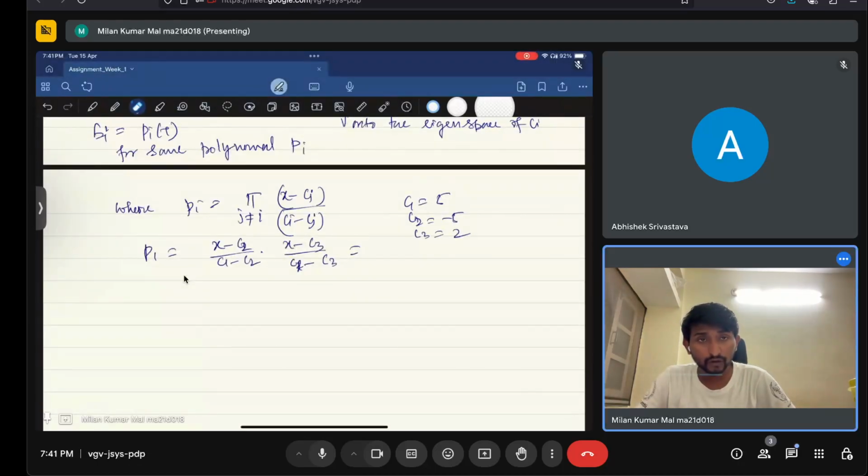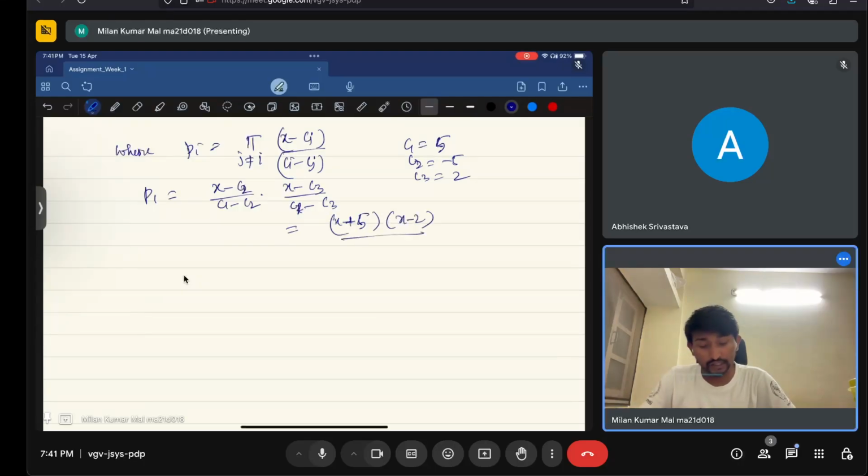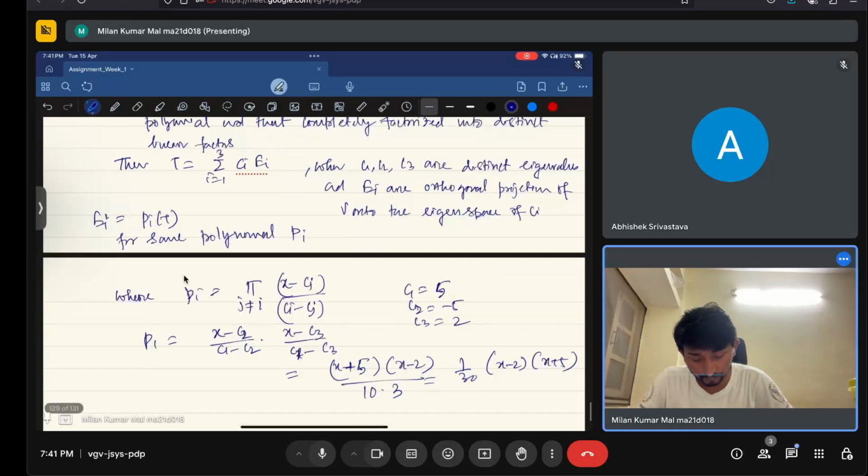So this equals x plus 5 into x minus 2 by C1 minus C2, that is 10, into C1 minus C3, that is 3, that equals 1 by 30 into x minus 2 into x plus 5. So we know what it is now.